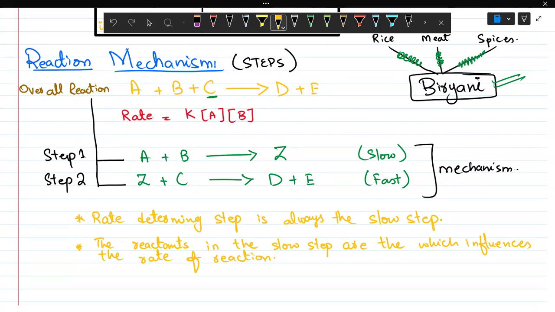Write these points, then we will move towards your question.